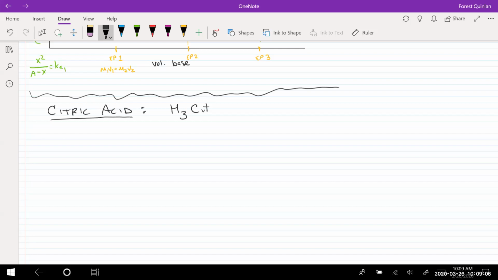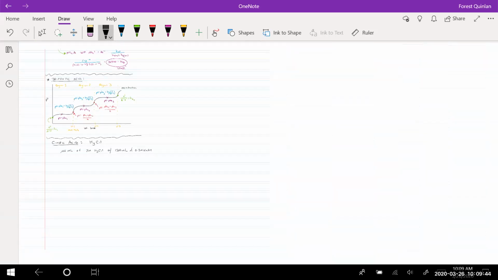And I'm going to say we have 100 mils of 2 molar H3-CIT with 1,500 mils of half molar NaOH.